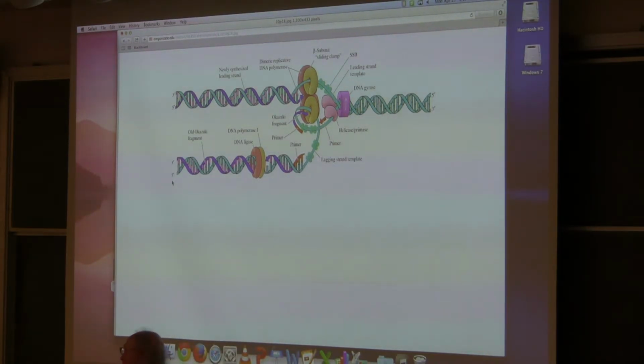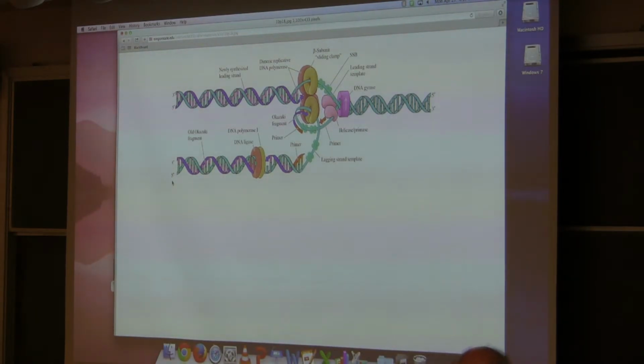It turns out that when we look at the two polymerases, one of them is very good at falling off, and that turns out to be very useful. Could you predict for me which one it would be useful for to fall off? Polymerase 1. Because it only goes for a little bit, it finishes its job, and it falls off.